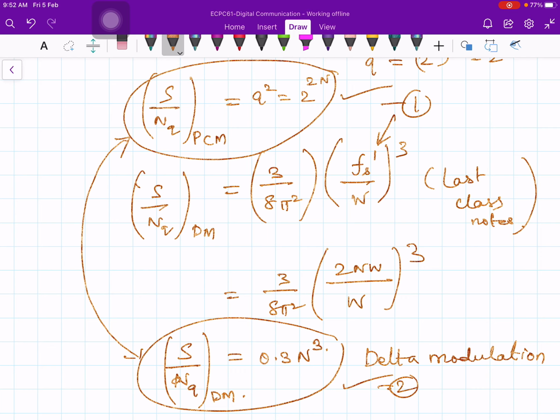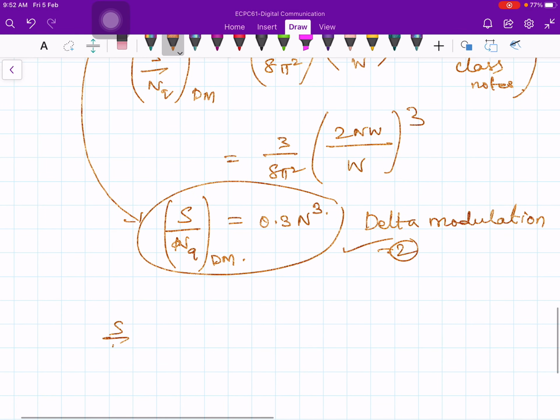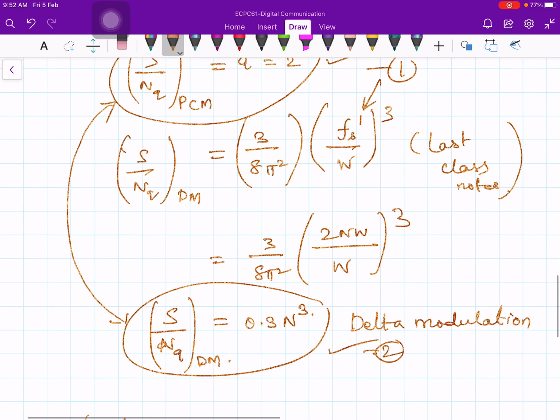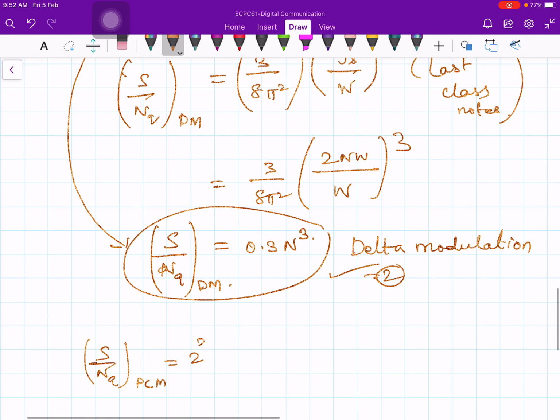You can substitute n equal to 8 or 4 or 2 and compare. The SNR of PCM is 2 to the power 2n, and the SNR of the delta modulator is 0.3 N cubed.